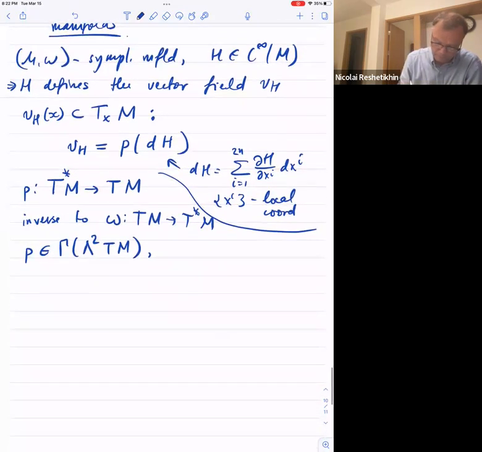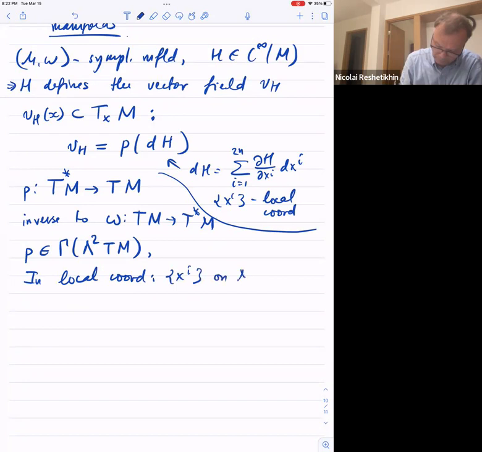And in local coordinates, it means the following.